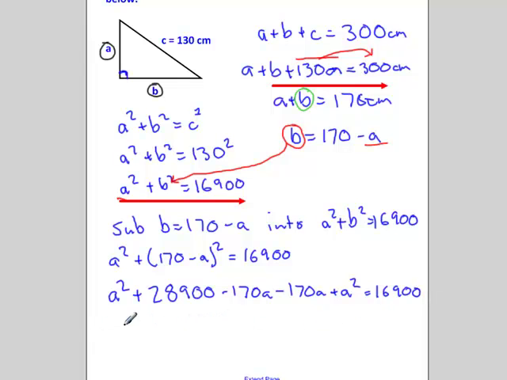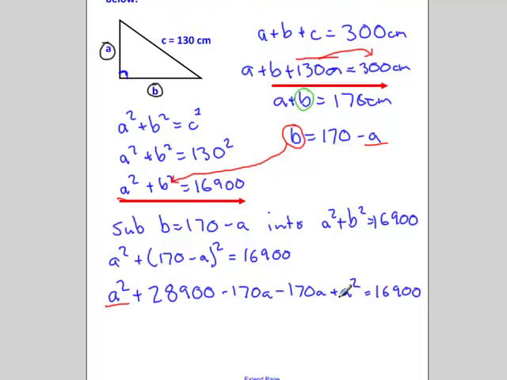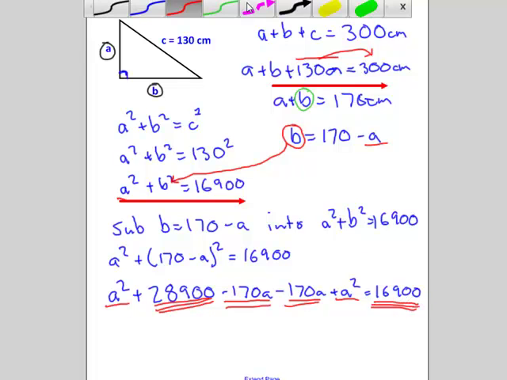From here, I've got to collect like terms. So I'll do that. I've got two terms which contain A squared, two terms which just contain A, and two other terms which contain no variable. I'm going to collect everything on the left side of this equation.